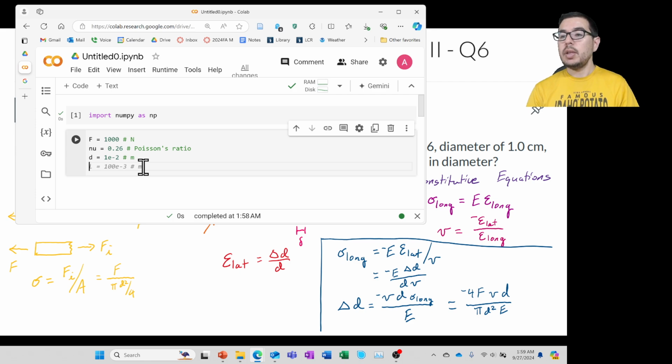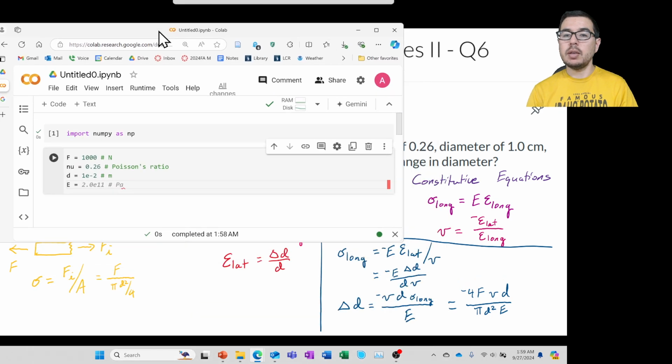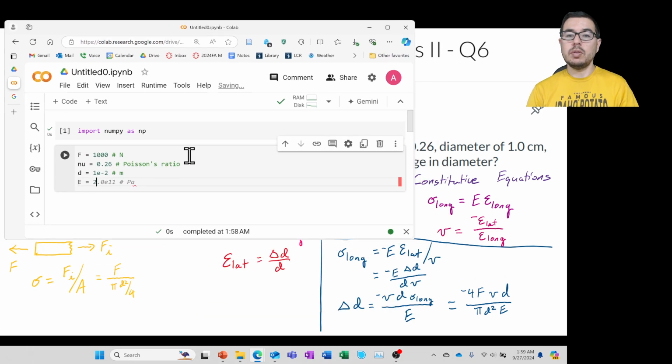We have an elastic modulus, and that was what, 210 maybe? Okay, 210 gigapascals. So we have 210 gigapascals, but that's going to be E9, and that will be pascals. All right, so then the delta d. That looks weird too.